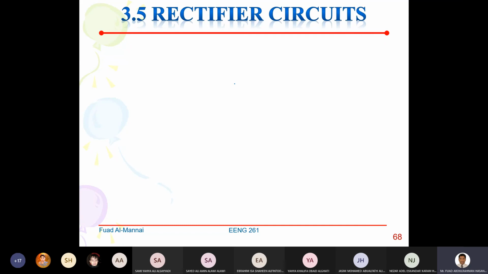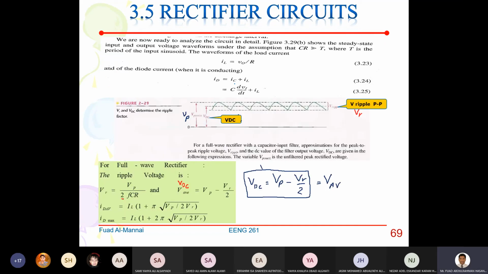As you have seen before, IL is equal to Vout over R, and then ID is equal to IC, which is the current through the capacitor, plus the current through the resistor.